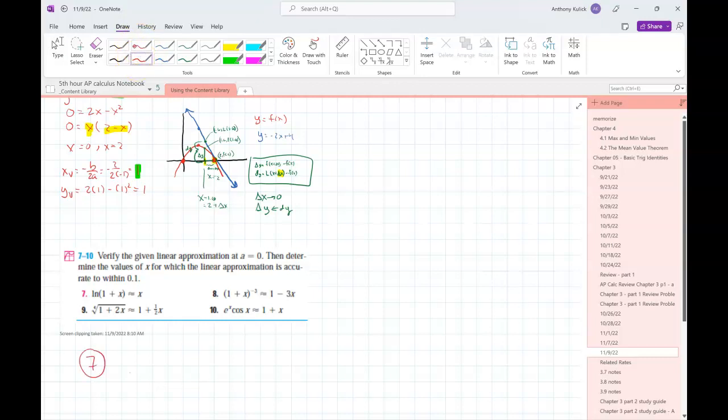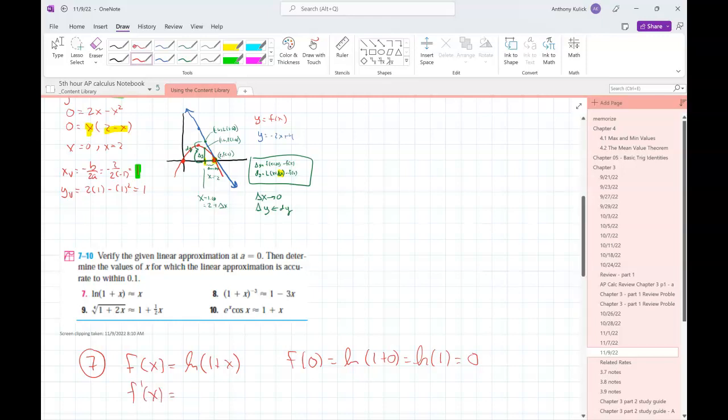So first thing I'm going to do, my f of x in this case is the natural log of 1 plus x, and I'm interested in at 0. So the natural log of 1 is 0. Okay, so now let's build our approximation.